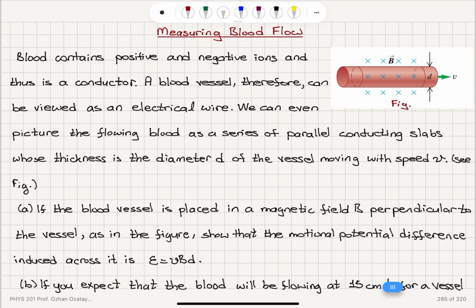Part A. If the blood vessel is placed in a magnetic field B, perpendicular to the vessel as in the figure, so this is into the page, show that the motional potential difference induced across it is BVD, the product of the magnetic field magnitude, its speed, and its diameter.